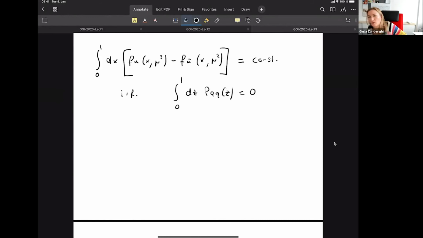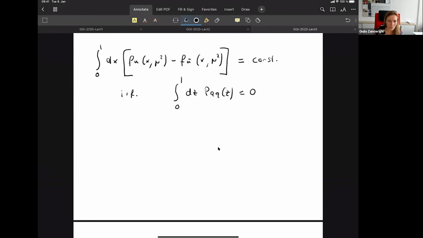So on one side, you can compute this and explicitly verify that this is the case. And then you can say, well, then I have proven that f_u minus f_ubar is constant, as we wrote this as a conservation rule, so this has to hold. On the other side, you can say, well, if I know that this is the case, I can use it to extract some parts of my splitting function.